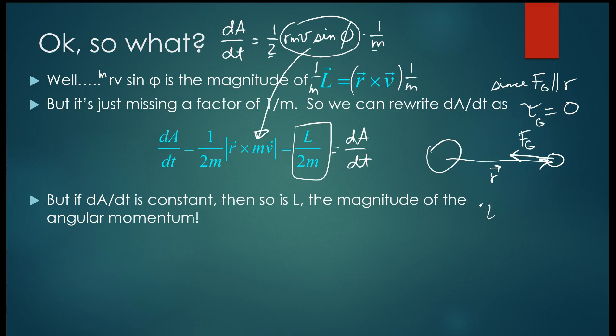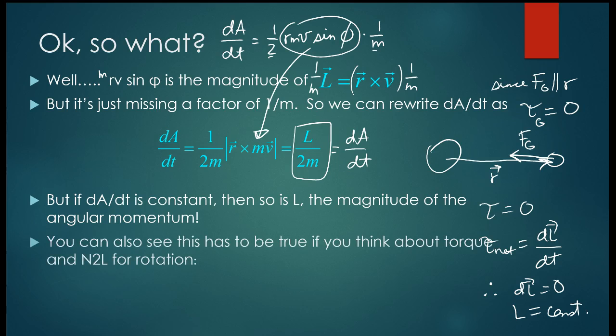And since torque is equal to 0, we learned last unit in rotation that a net torque is equal to a change in angular momentum over time. So therefore, dL is equal to 0 and L is constant. So because of this, dL/dt is equal to torque, which is r cross F, which is 0.